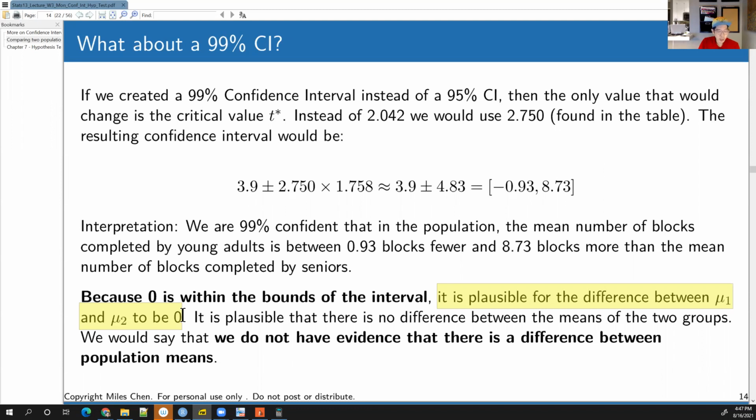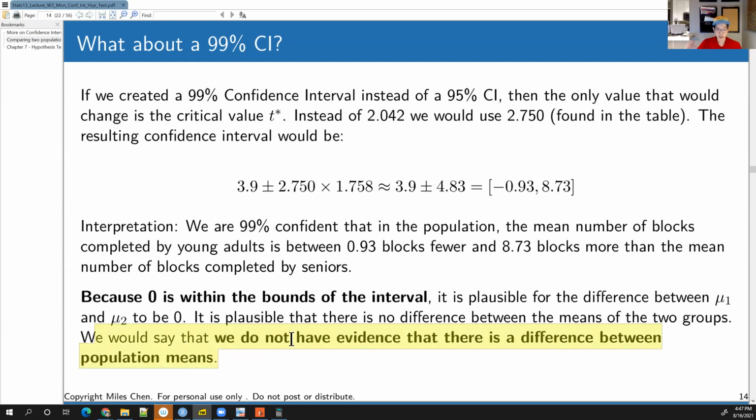Because when you want to be more confident about the conclusions you're giving, you've got to be a little bit more cautious about making any kind of claims. So if we're going to be 99% confident, then we have to say we don't have enough evidence to conclude that there is a difference between the population means.